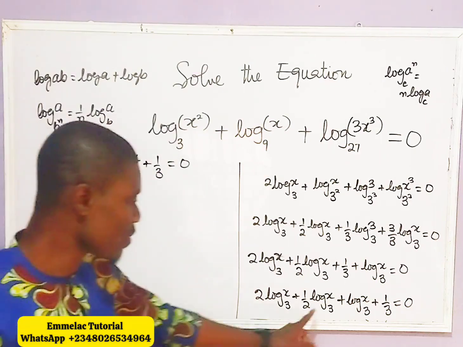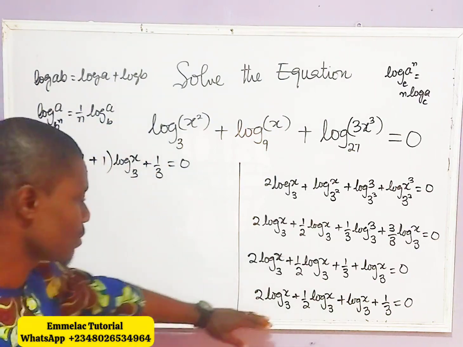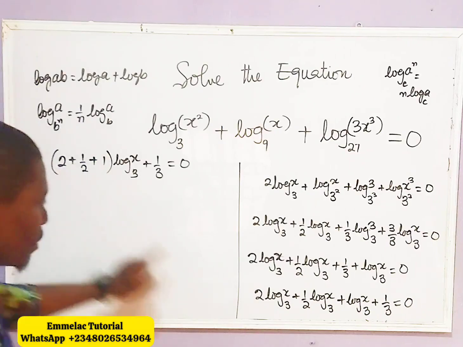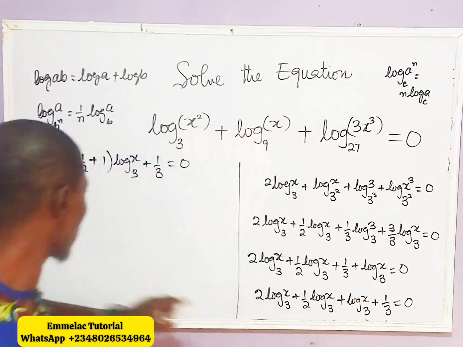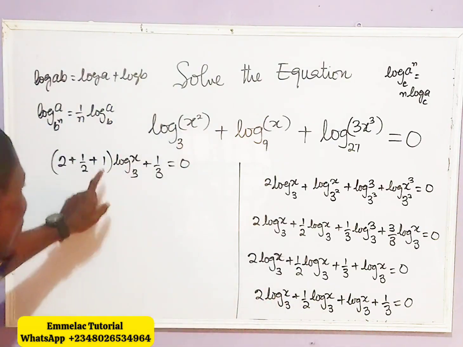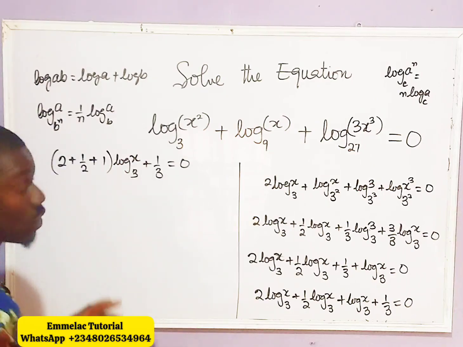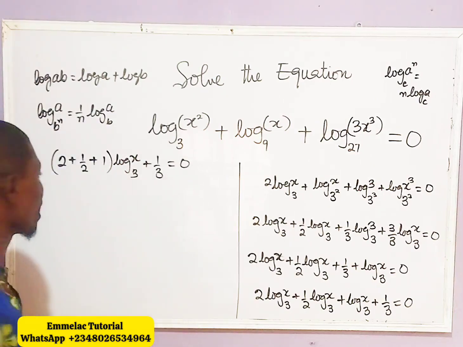So see, when you factor out log x base 3, when you divide through here, you are left with 2. When you divide through here, you are left with 1 over 2. And when you divide through here, you are left with 1. Okay, so let us subtract 1 over 3 from both sides.